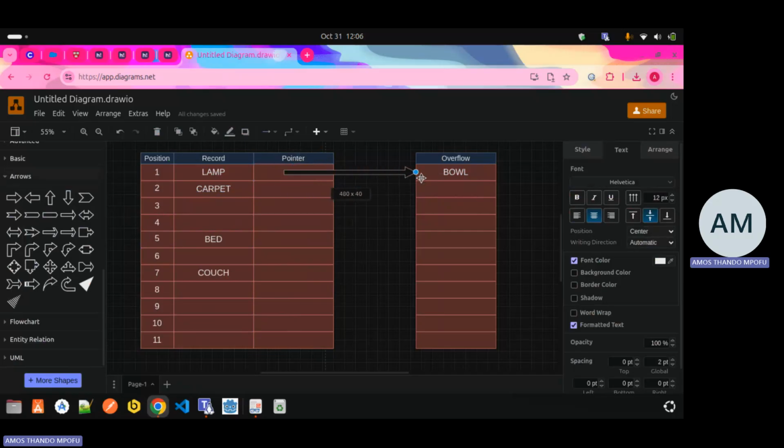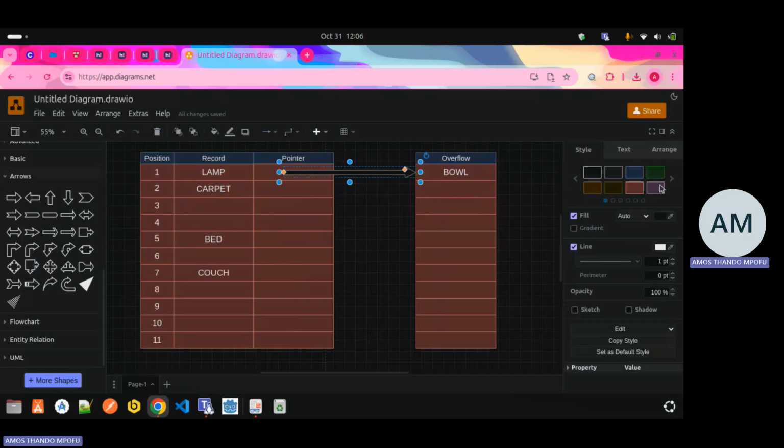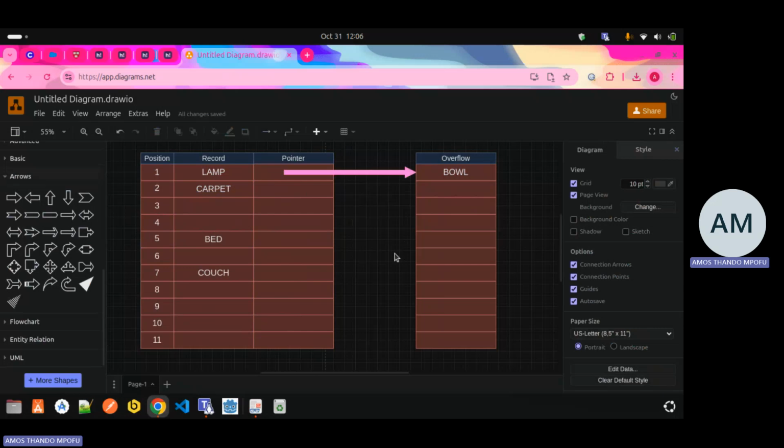Then this arrow is going to go from here to this block. I just give it a color to make things simpler. So you see, it was supposed to be within this row, but it was already occupied, so I put it in a separate overflow column. That's pretty much what we have.